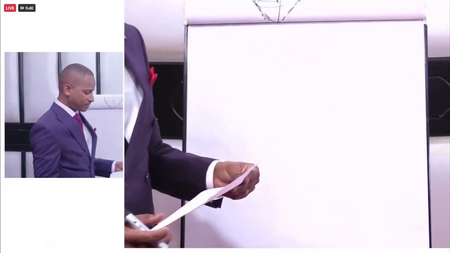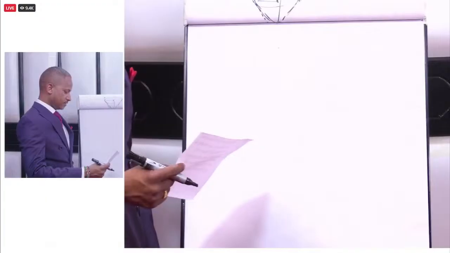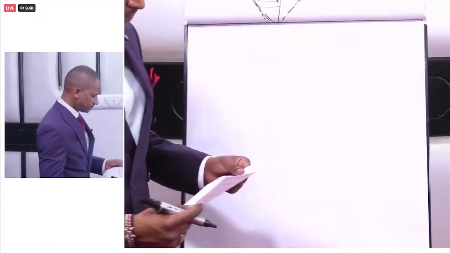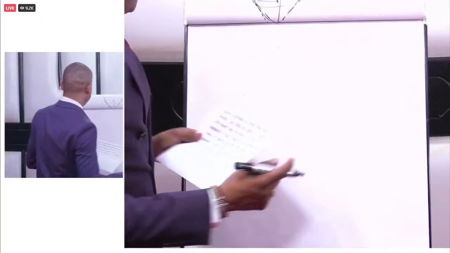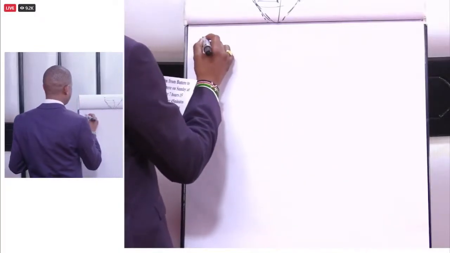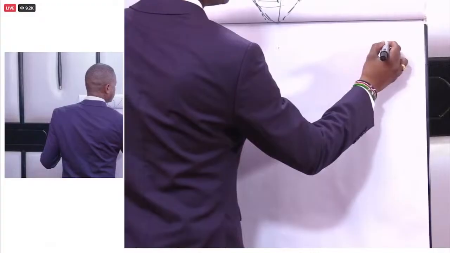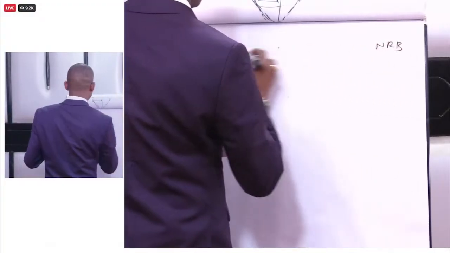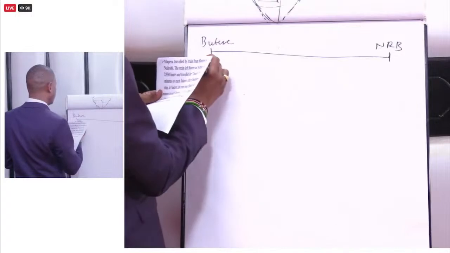Mapesa traveled by train from Butere to Nairobi. The train left Butere on Sunday, so from Butere to Nairobi. So the train left Butere a day like today, on a Sunday.